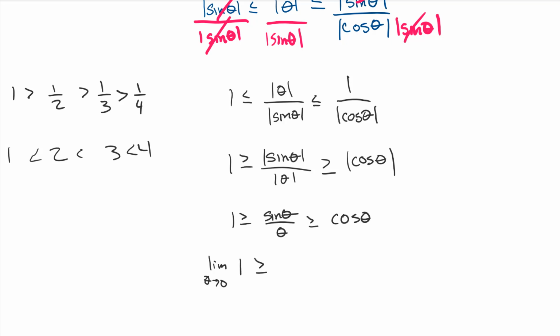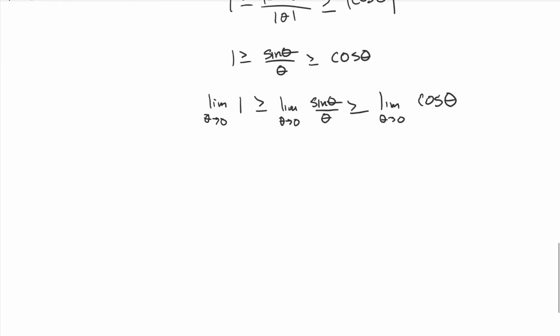The limit as theta goes to 0 of 1, then the limit as theta goes to 0 of sine of theta over theta, and then the limit as theta goes to 0 for our last piece, cosine of theta. Again, I'm sorry about my corrupted screen. I do have a little arthritis, but my hands aren't that shaky.